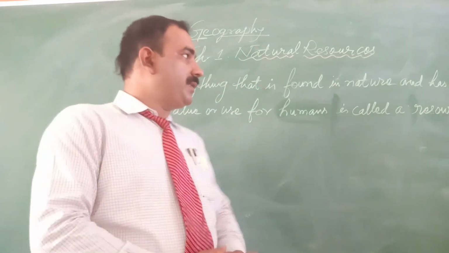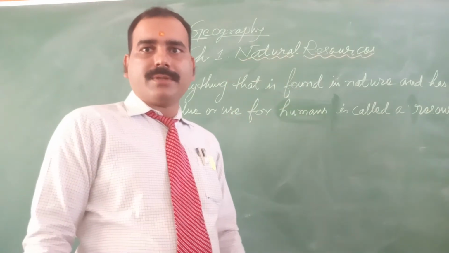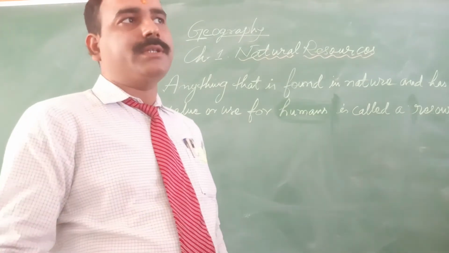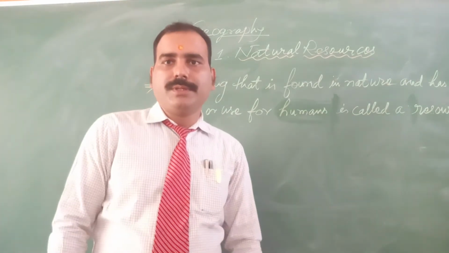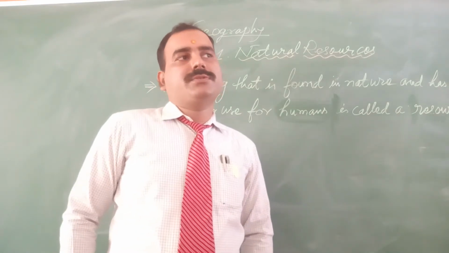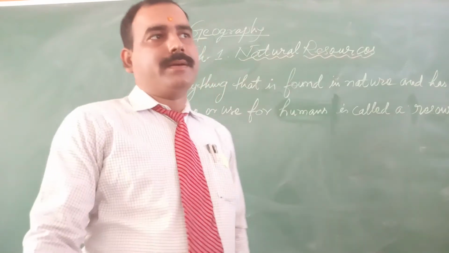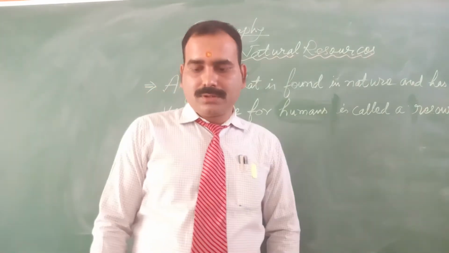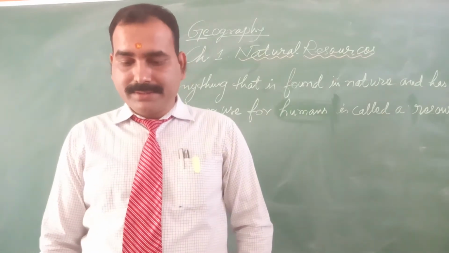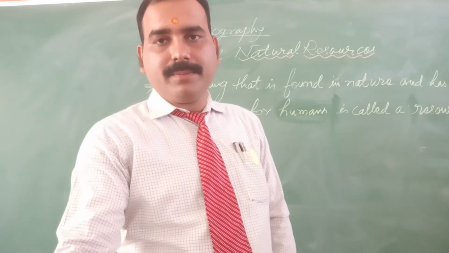In the previous videos we have studied about natural resources, types of natural resources, and human resources. I have explained that natural resources can be divided into different categories on the basis of their origin or source, their stage of development, their renewability, their distribution and their applicability.